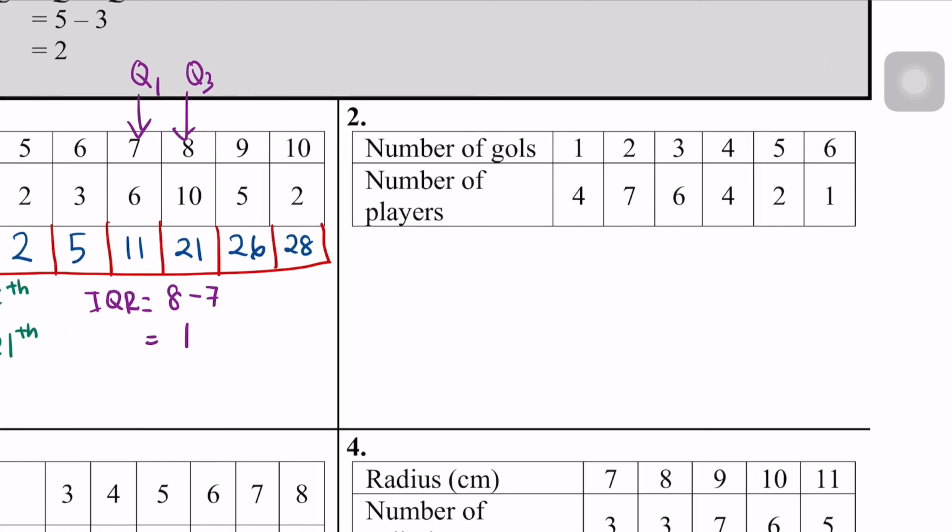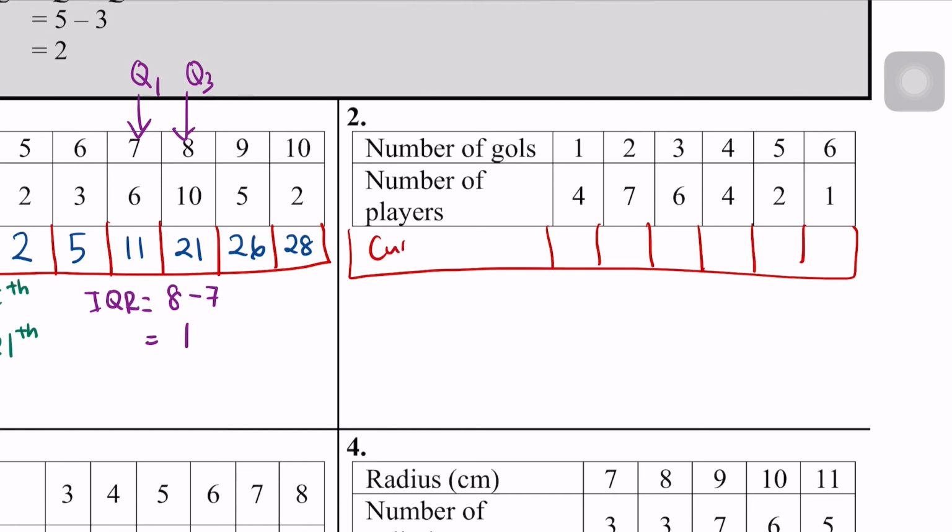Okay, saya tunjuk lagi soalan nombor 2. Don't worry. So kita tambah lagi satu di sini. So this one is cumulative frequency. So kita mula dengan 4. Ni pula tambah 7, 4 tambah 7, 11.